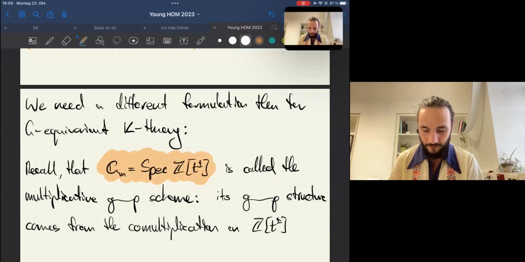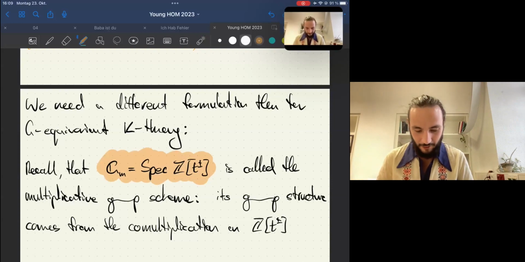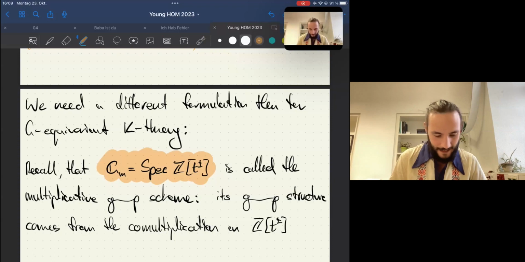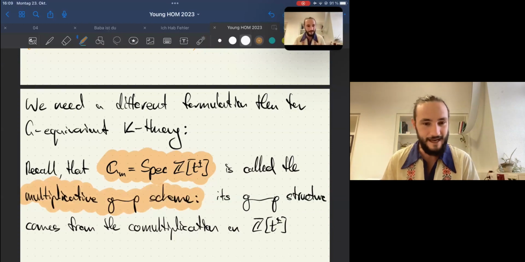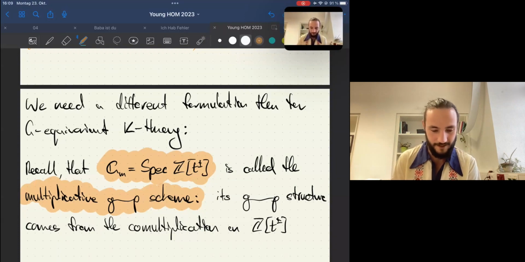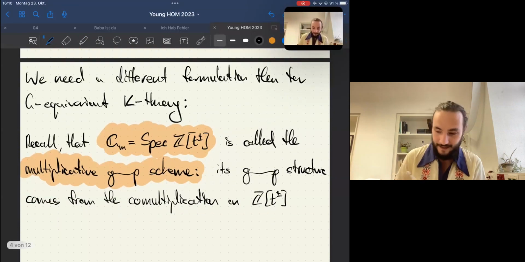We all know what this ring is, the Laurent polynomial ring over the integers. It's not just an affine scheme, so Spec of a ring, but it's actually a group scheme, which means that the ring comes with the structure of some Hopf algebra.